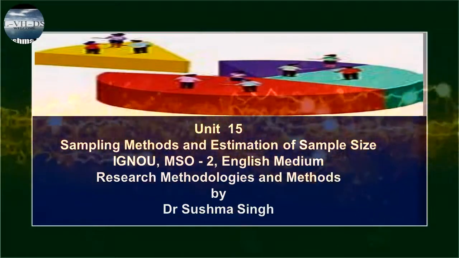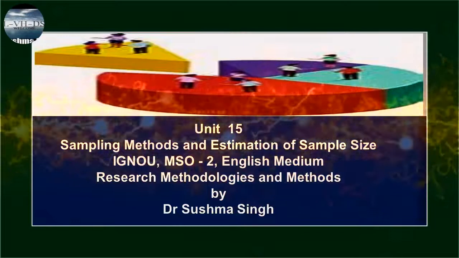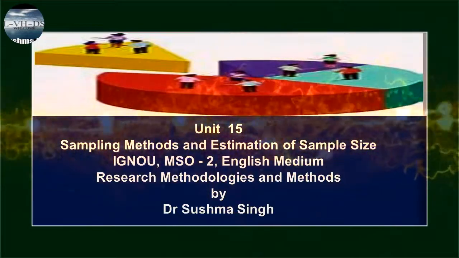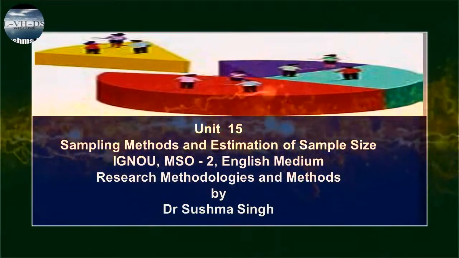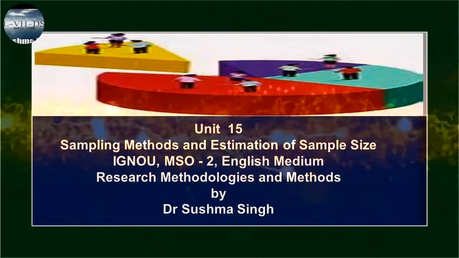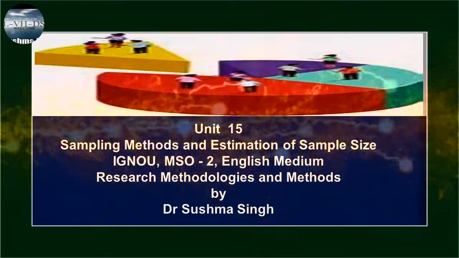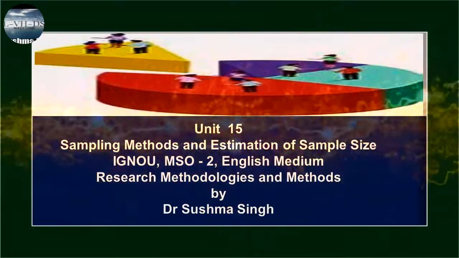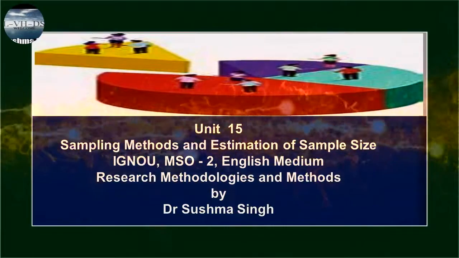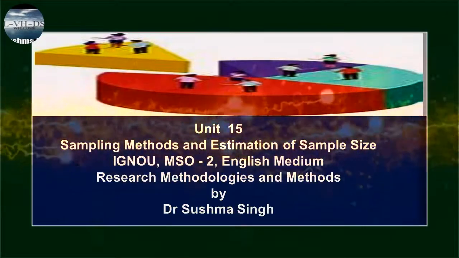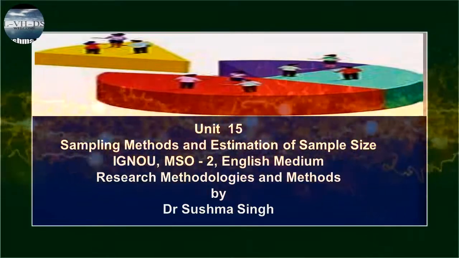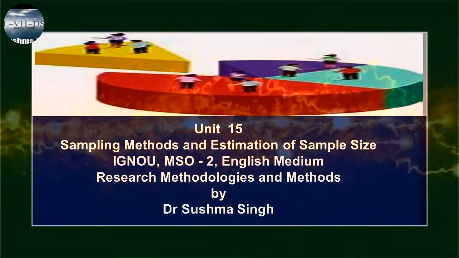Now the next is snowball sampling. Snowball sampling is a special non-probability method used when the desired sample characteristic is rare. It may be extremely difficult or cost prohibitive to locate respondents in these situations.